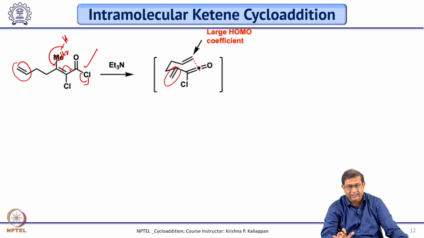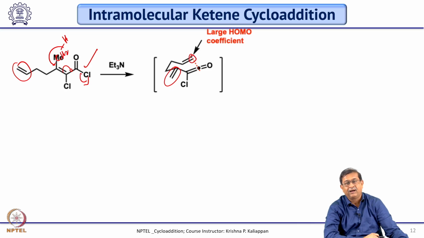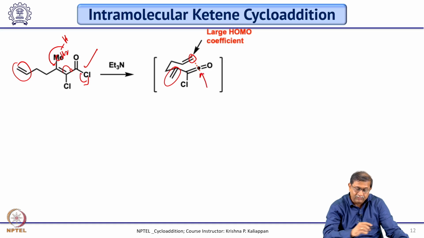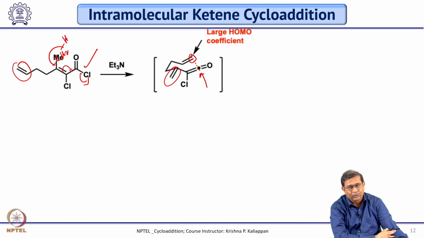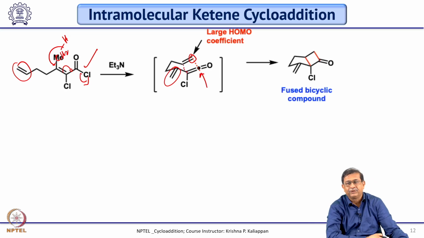And the regiochemistry, again, if you look at the alkene, this particular carbon has a large HOMO coefficient, and we know this is the one which has a large LUMO coefficient. So the first bond will be formed between these two and then these two to give your bicyclic system where you have 5-membered and 4-membered rings fused together.